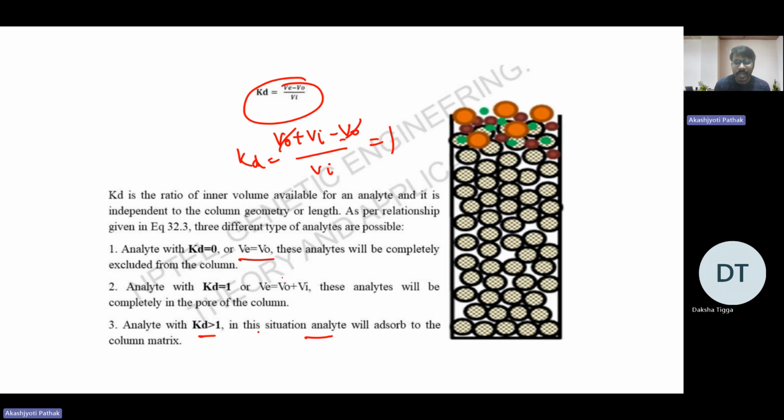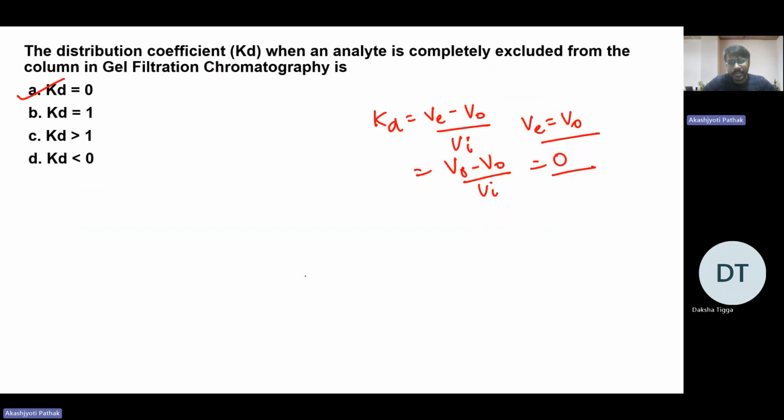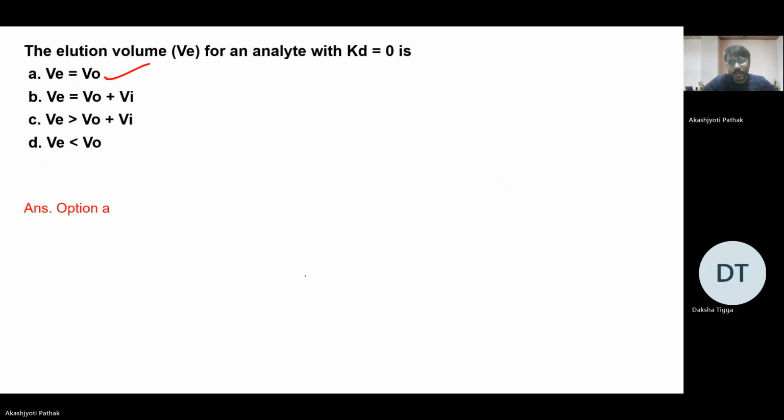You have to pass the entire volume of mobile phase, which is equal to the void volume and the volume present inside the pore, which is VI. Okay. This entire volume of buffer you have to pass for eluting the protein. That is why V equal to VO plus VI. Okay.